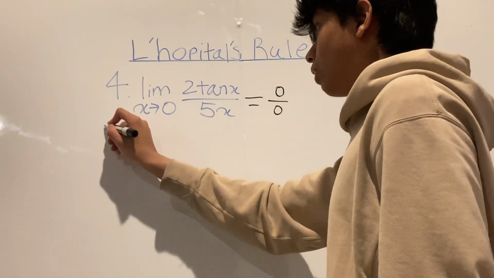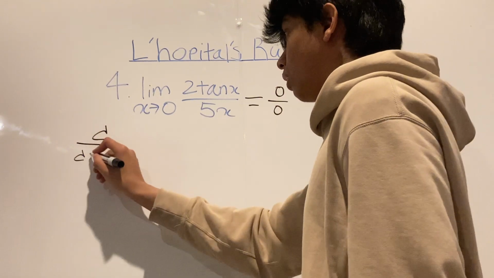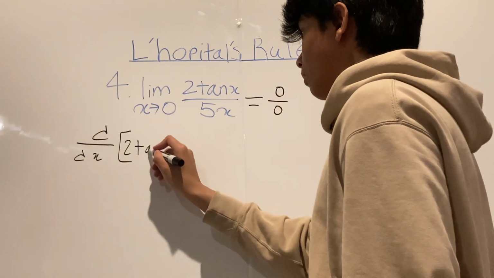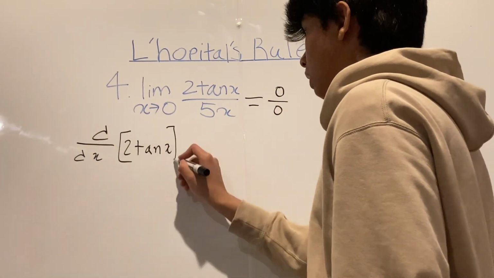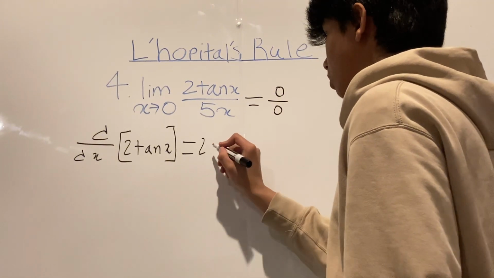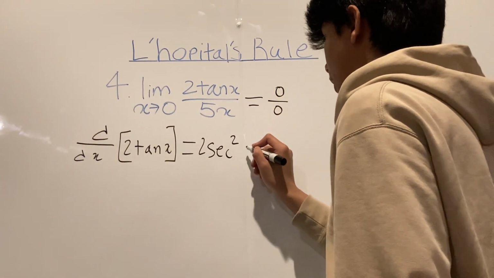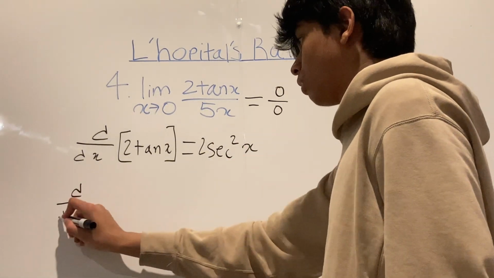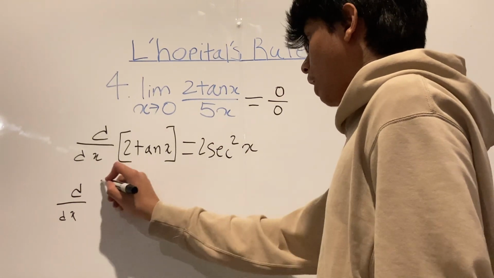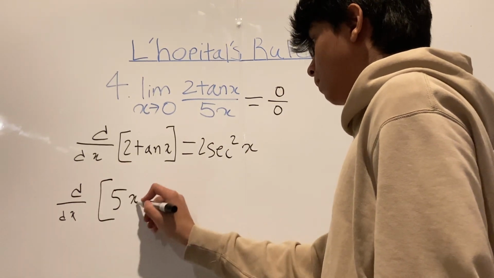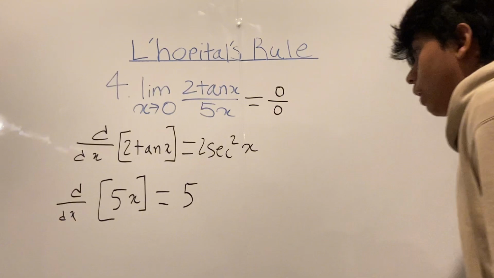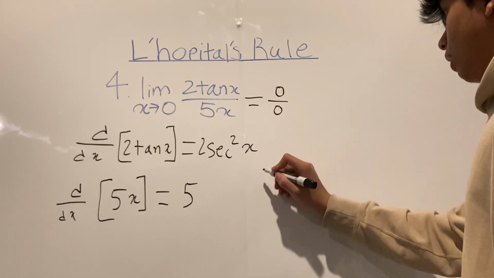So the derivative of 2 tan x is going to be 2 secant squared x. And now the derivative of 5x is going to be just 5. Okay, so now we have our new function.